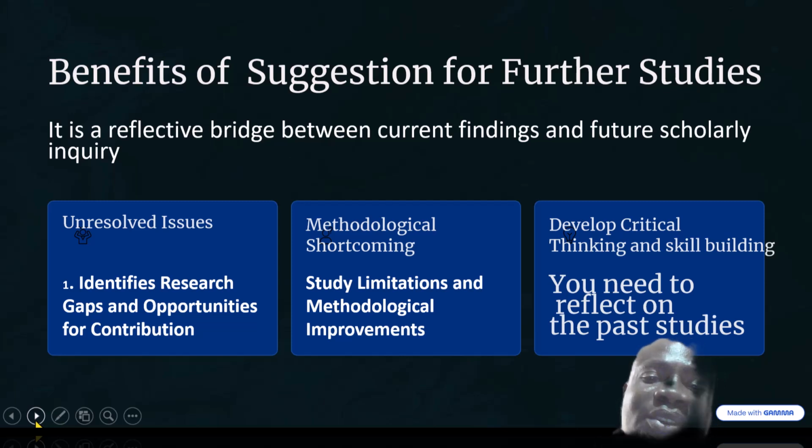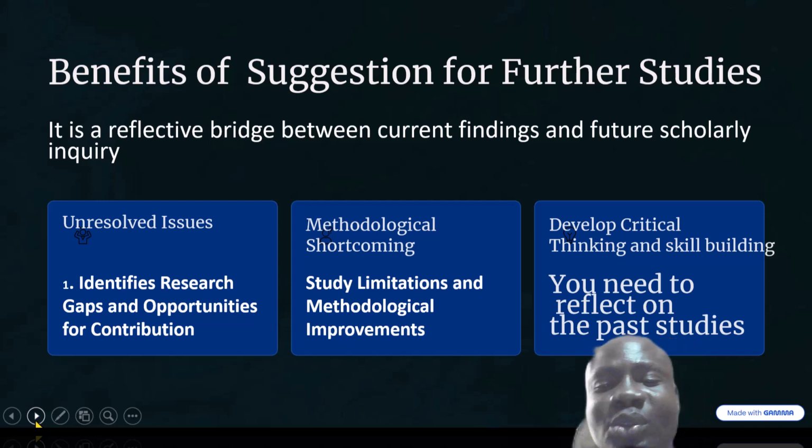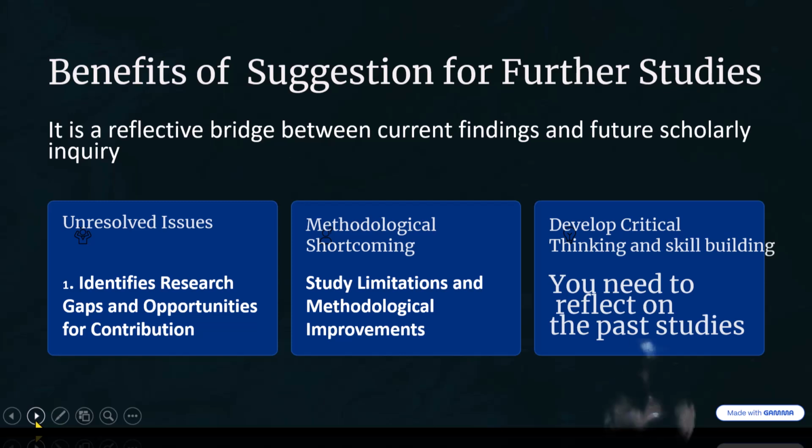The suggestion for further study section in a thesis, in a paper, in an article is actually a reflective bridge between current findings and future scholarly inquiry. One of the benefits is that it makes us know what the unresolved issues are.